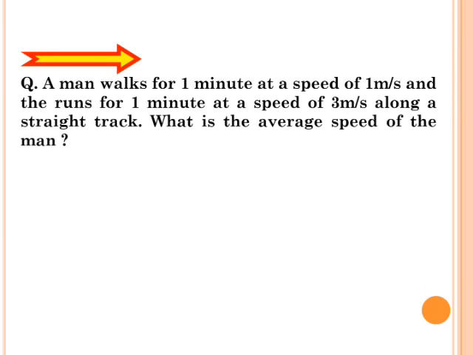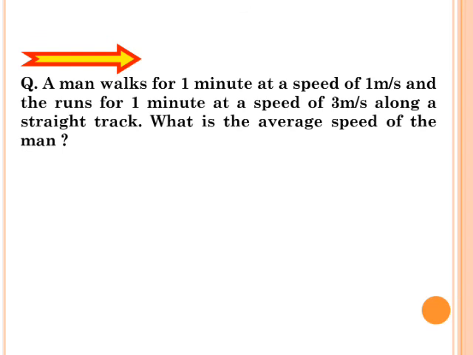Now, there's a question for you, which is, a man walks for 1 minute at a speed of 1 meter per second and then runs for 1 minute at a speed of 3 meters per second along a straight track. What is the average speed of the man?